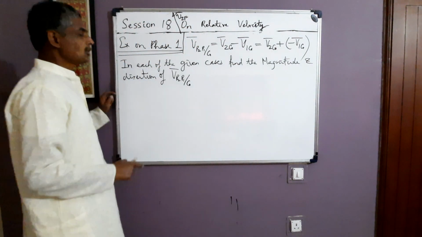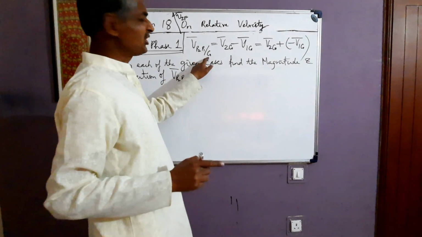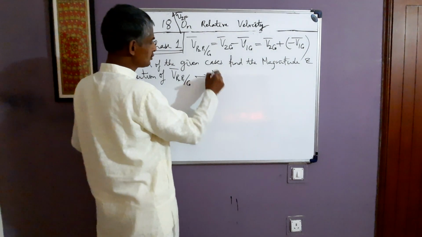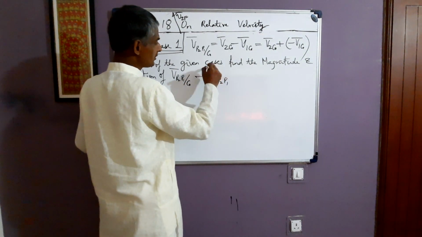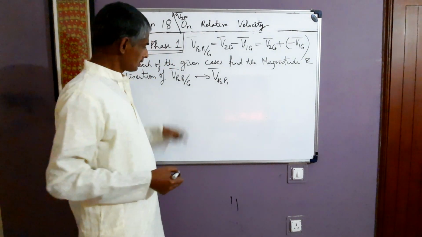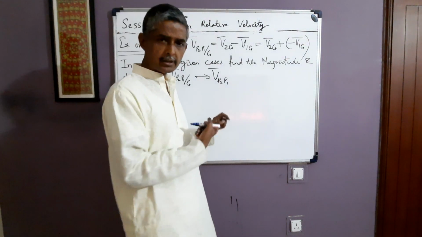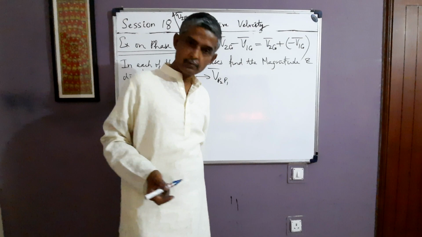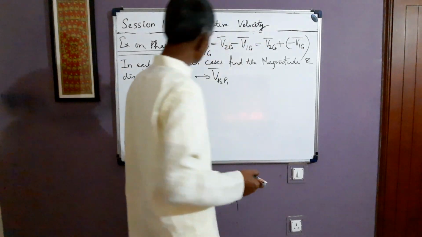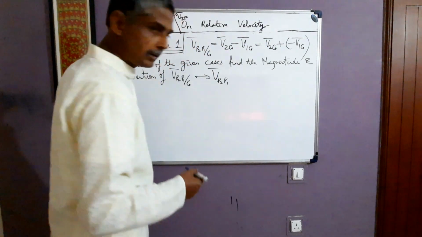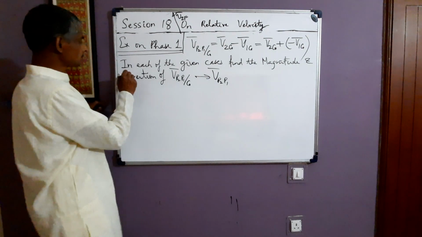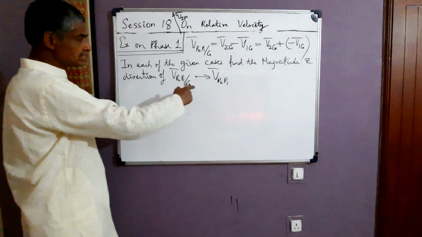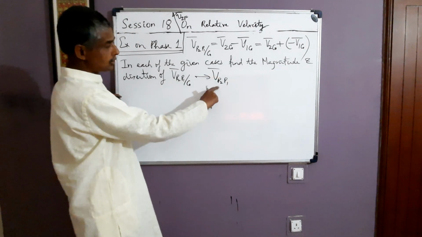So now one thing, I'll just suppress this G. I'll not write G. G is implied. I'll just write it as Vp2P1. That's all. Just to simplify the notation, since I've already made it clear here, Vp2P1G will just be denoted by Vp2P1. Fine. So in each of the given cases we have to find the magnitude and direction of Vp2P1.